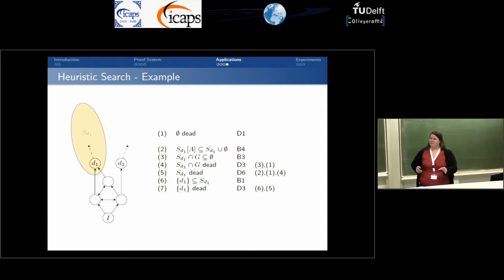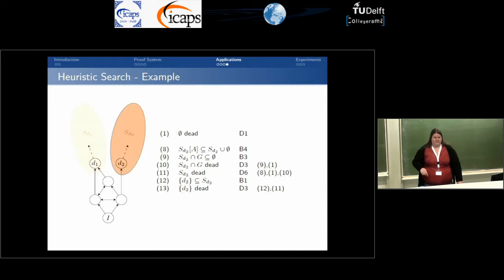So this is very similar to what I showed before with the inductive certificates. The proof structure is very similar, so at the end we have that D1 is dead. Then in the second part of the proof, we do the exact same thing for D2, and as we see, this has nothing to do with the proof that D1 is dead.